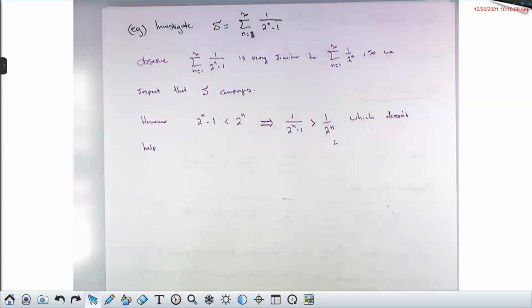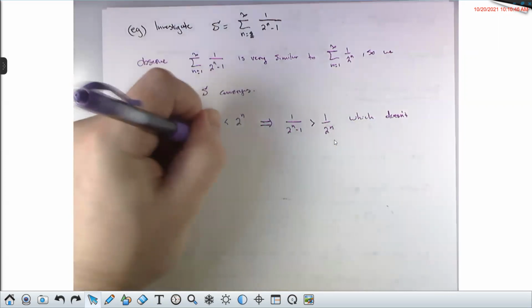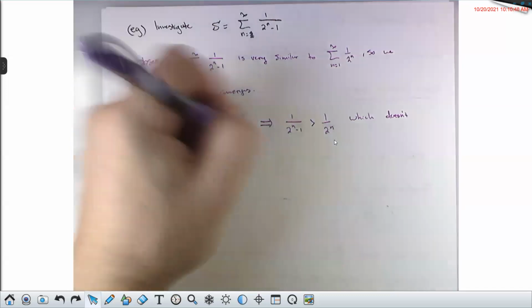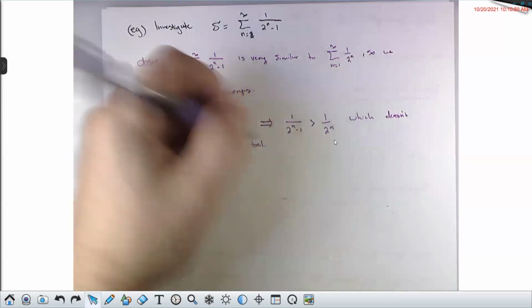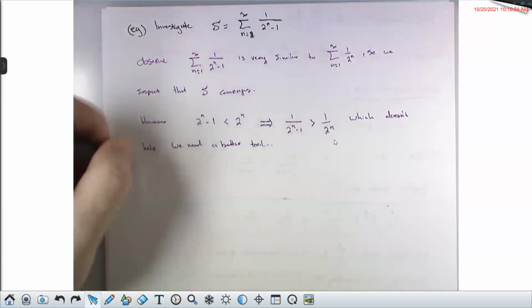All right, if you're smaller than a convergent series, you're convergent. If you're larger than a divergent series, you're divergent. But if you're larger than a convergent series, it could go either way. So we need a better tool. And that better tool is the other comparison test.